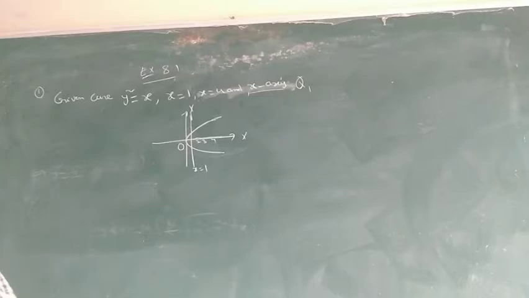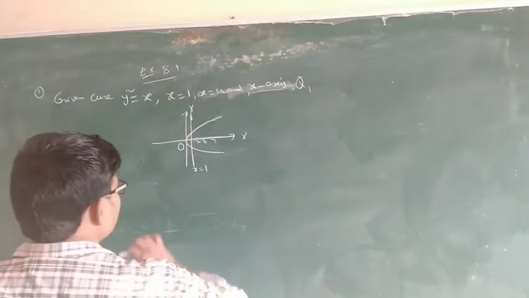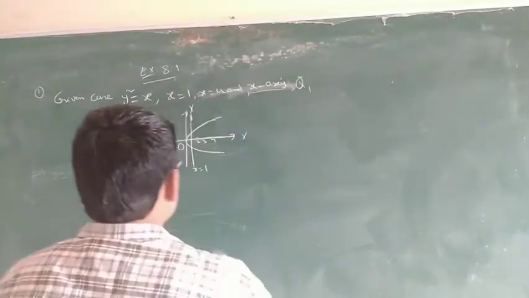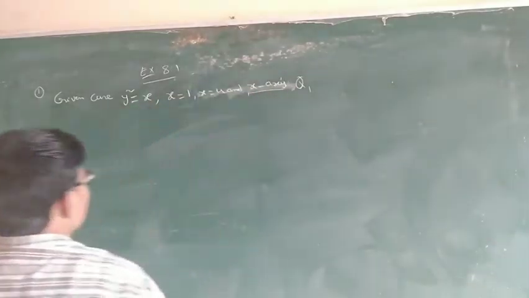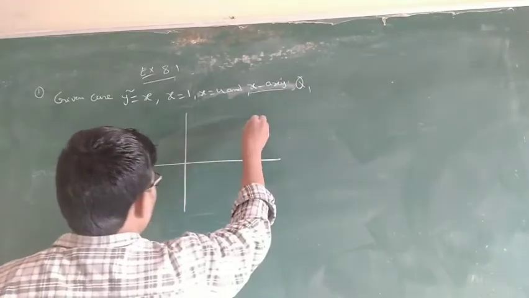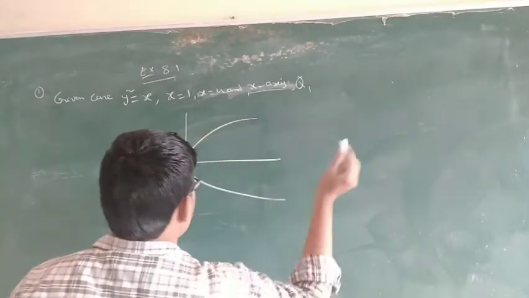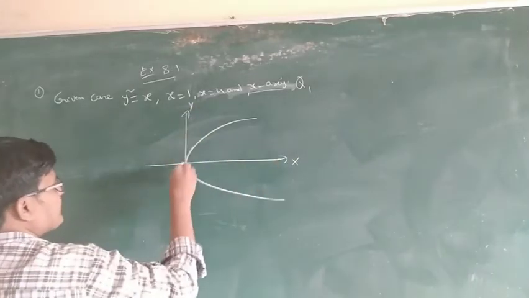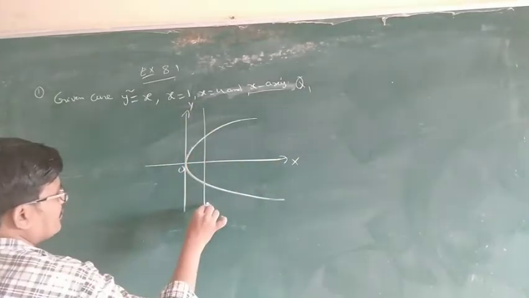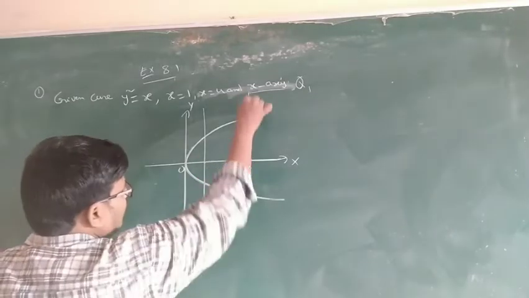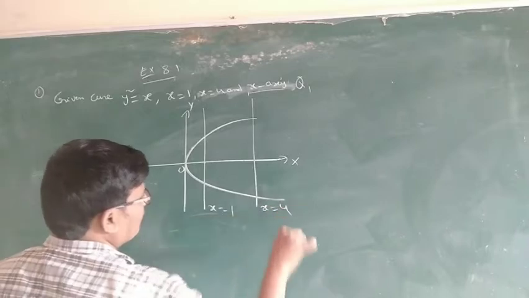And y is equal to 1 means it is parallel to the x axis. Okay, a big graph. This one, the x axis and y axis. This is x is equal to 1. 1, 2, 3, 4. This is x is equal to 4.